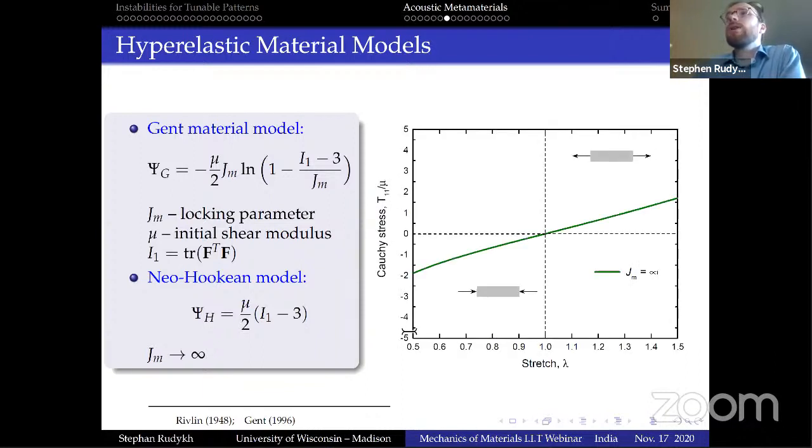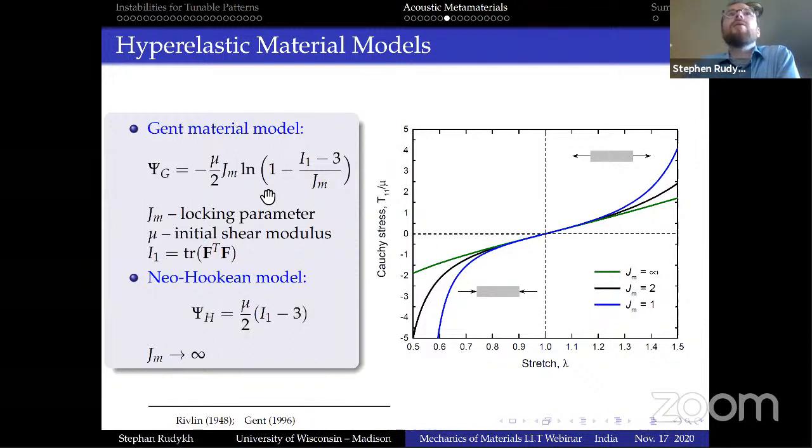The difference between them is that neo-Hookean has a weakly nonlinear stress-strain relationship, and in Gent we have an additional parameter, the so-called locking parameter, that allows us to tune the stiffening of the material to obtain more nonlinear behavior.